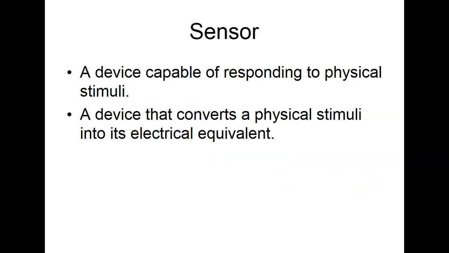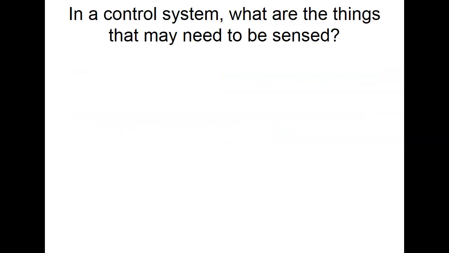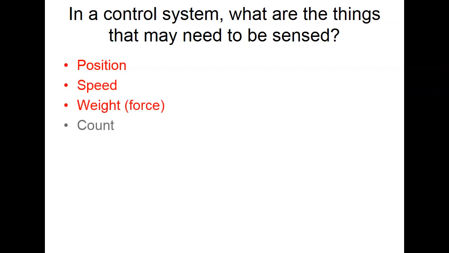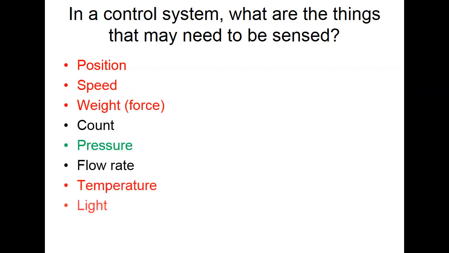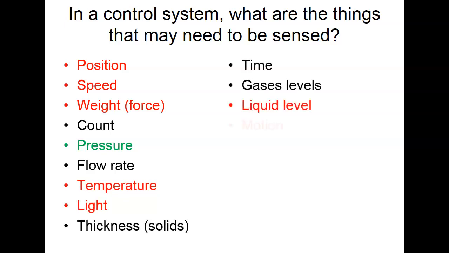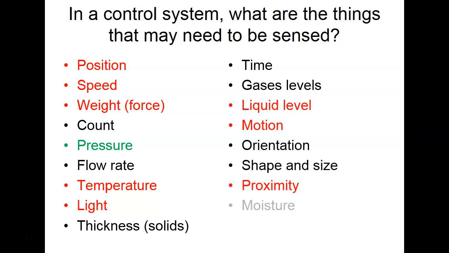So we know what a sensor is by now, right? No, we don't. We probably need to go over that. These are some of the things we came up with at the start of the semester. What's in red are the ones we've already talked about, and the one in green is the one we are going to talk about now.